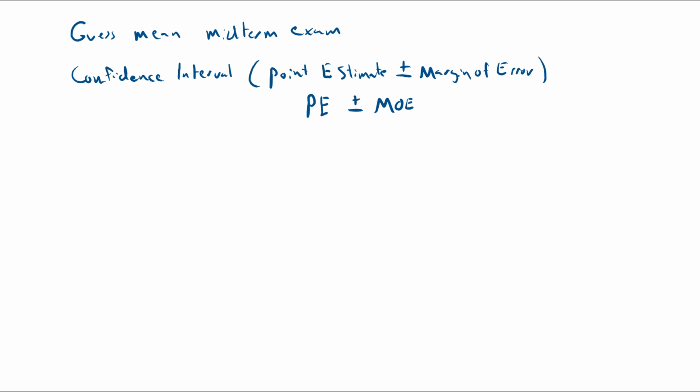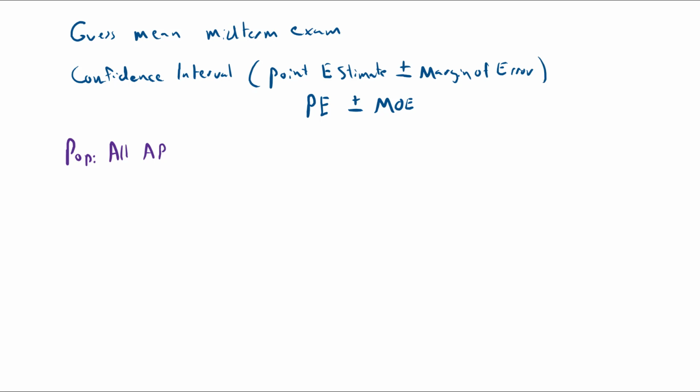So for this, let's say our population. Our population is going to be all the midterm scores. So all AP, since we're talking about AP, let's just use them as an example.